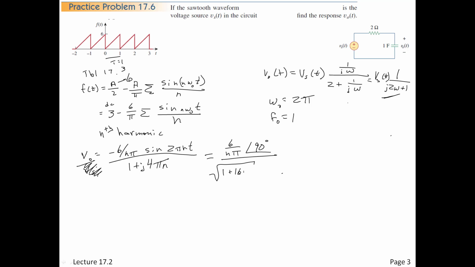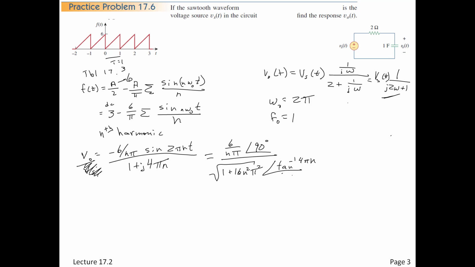And then that will be at an angle of what? The inverse tan of 4 pi n over 1. And this is the nth harmonic.